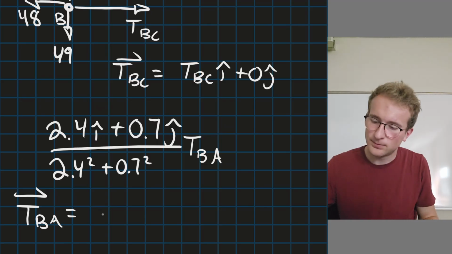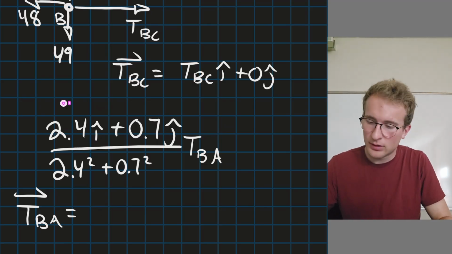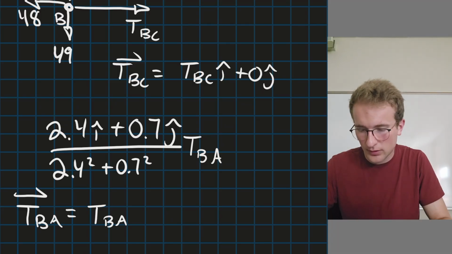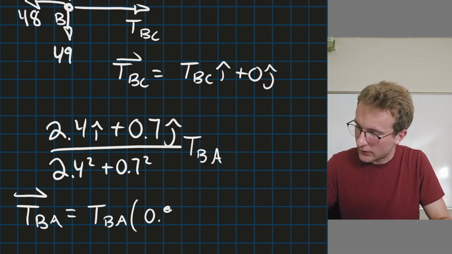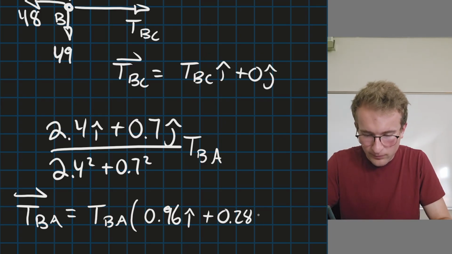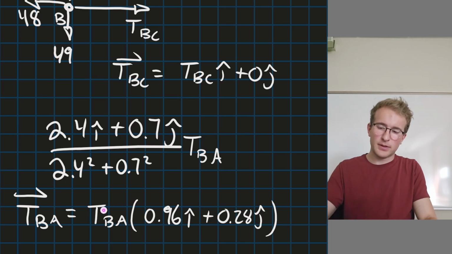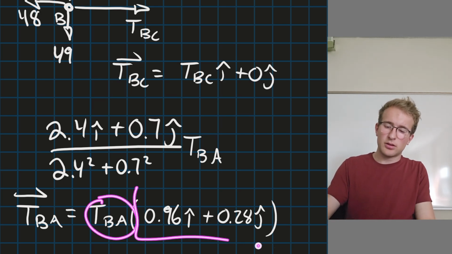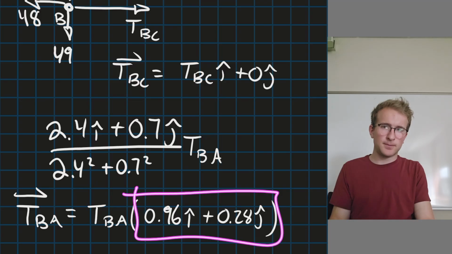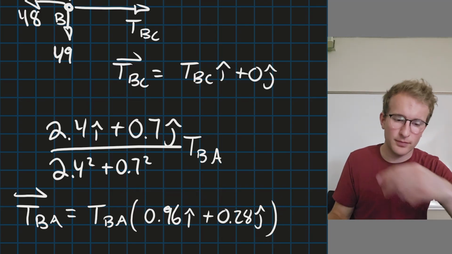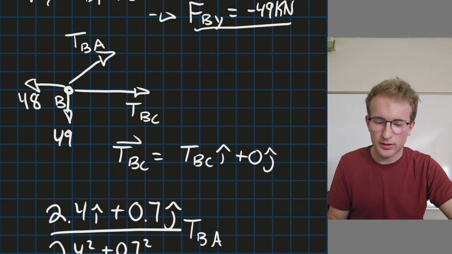So that little vector, little arrow hat. I can simplify all this, and I get this. Right. Magnitude, unit direction vector. Okay.